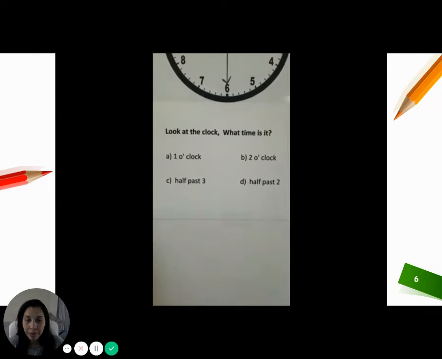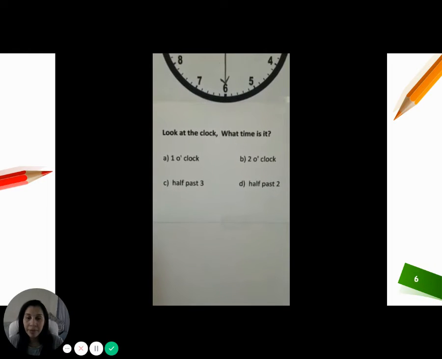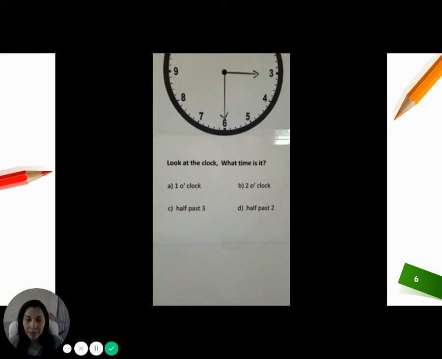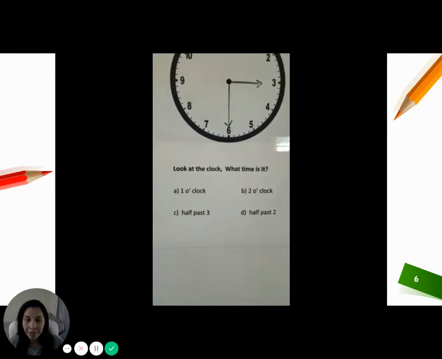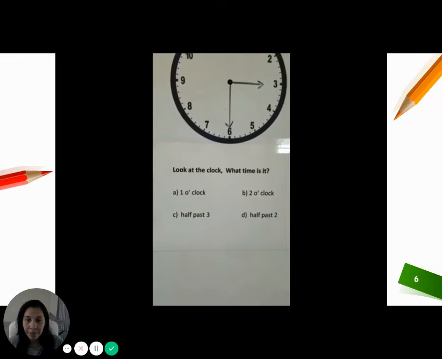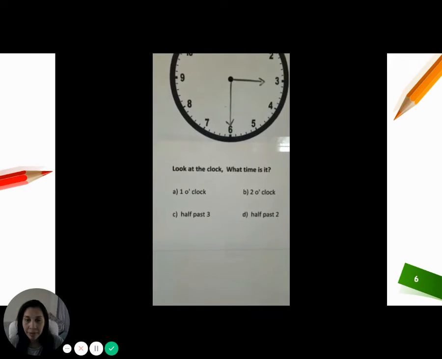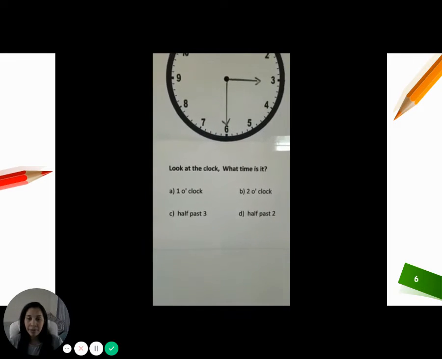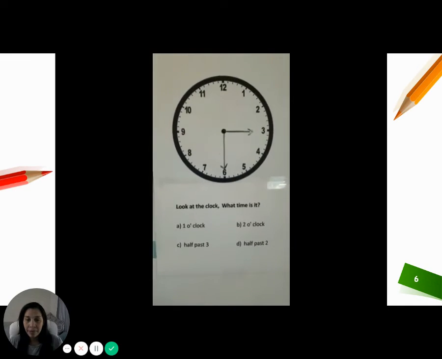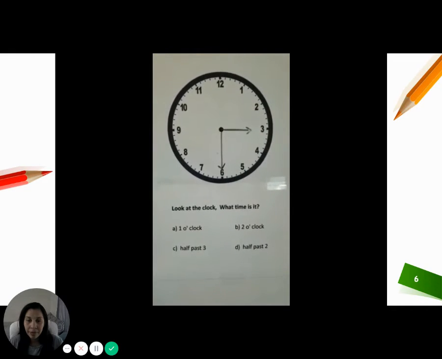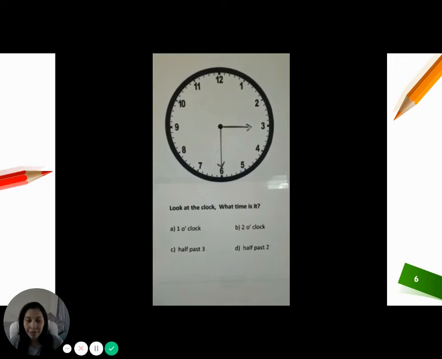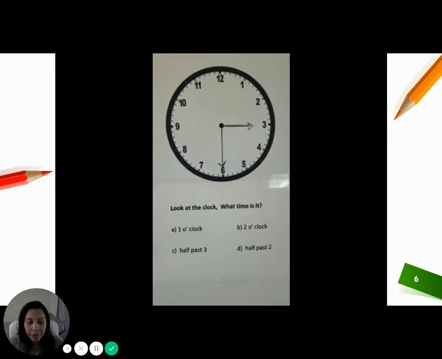Now, look at the clock. What time is it? A, 1 o'clock. B, 2 o'clock. C, 3:30. Or D, 2:30. So look at the clock and apply all the knowledge that you have learned previously.